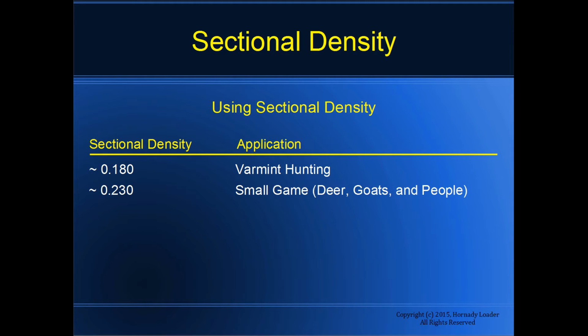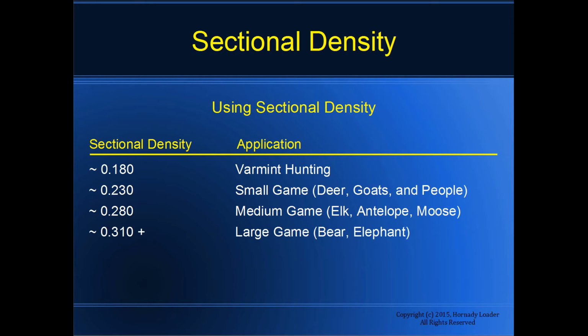For small game like deer, goats, and yes, people, sectional density of 230 or thereabouts is better. When you get up to 280 sectional density, then we're talking about medium game like elk, antelope, or even moose. And when we get up over 300, well, now we're talking about large game like bear or even elephant.